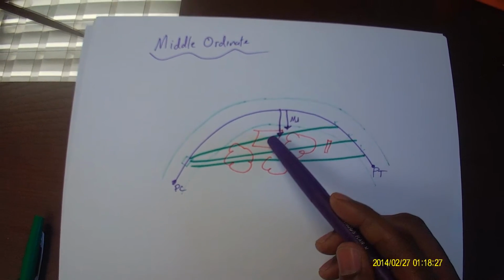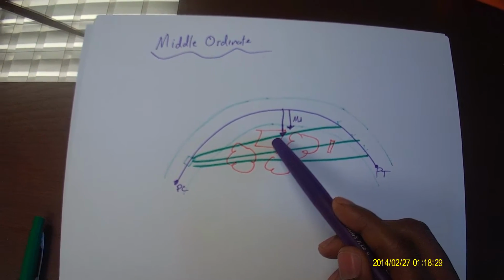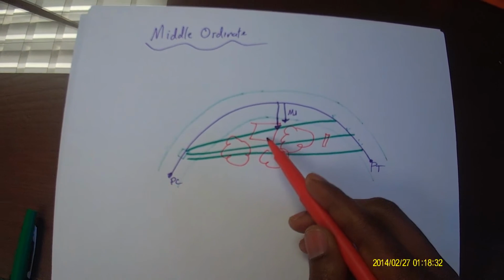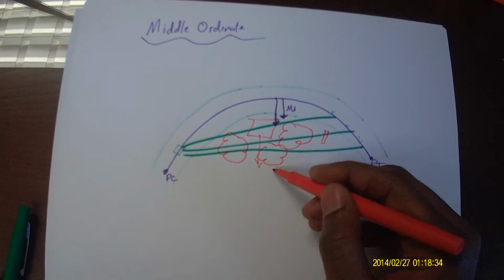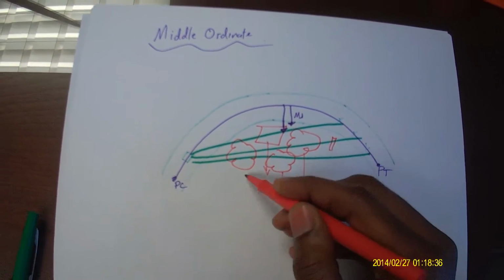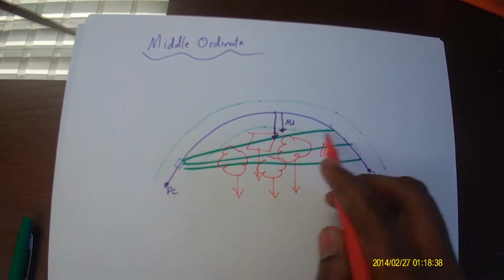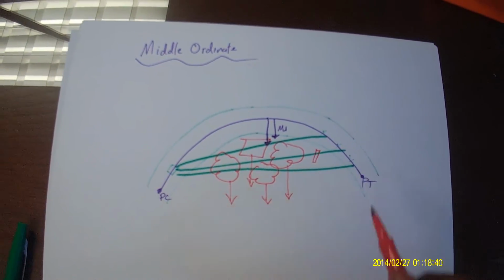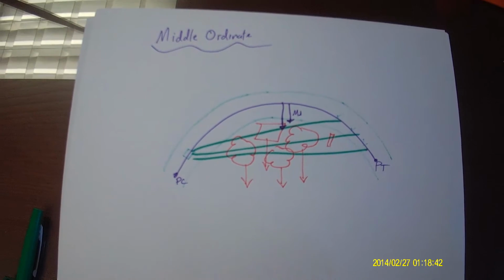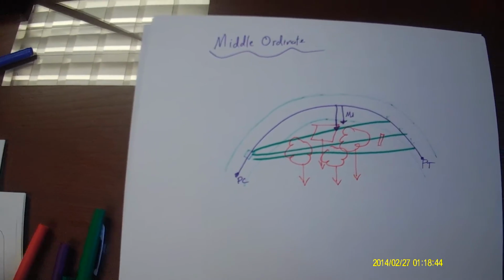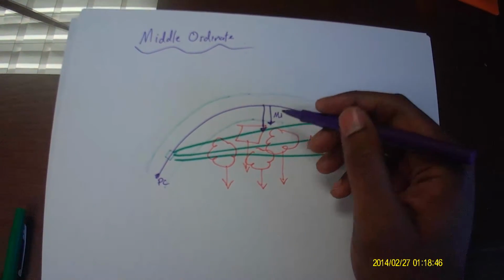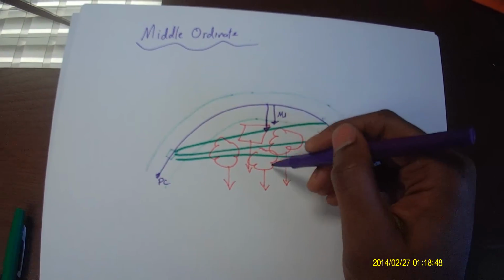We need to figure out how far back we need to push these red objects, so that the sight lines would not be interrupted. And when we figure that out, we'll determine what the middle ordinate should be.